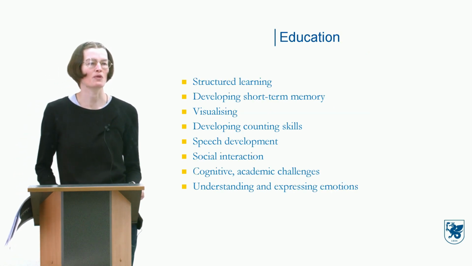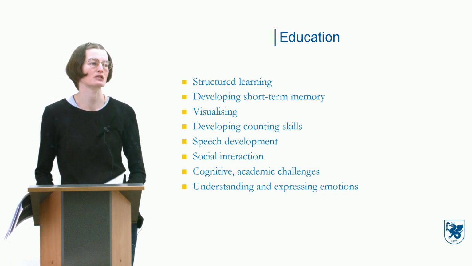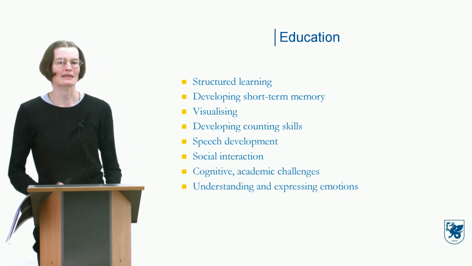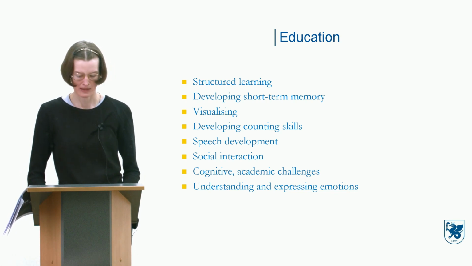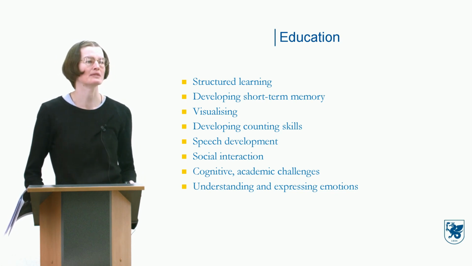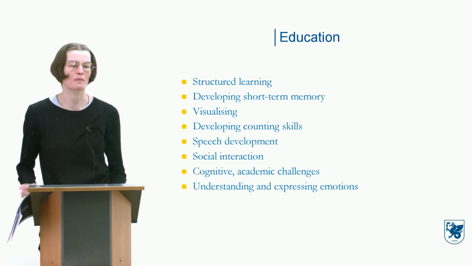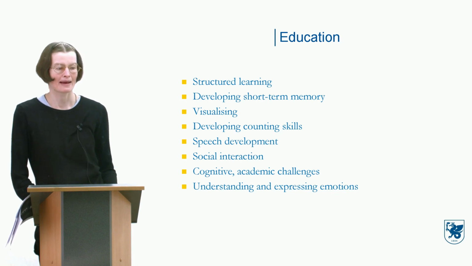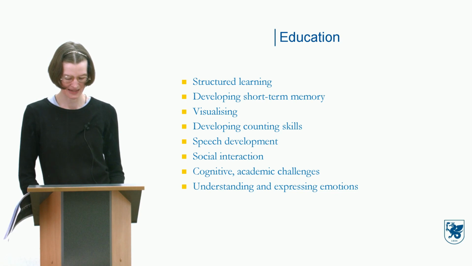So as for their education, it is based on their strong sides. As they have problems with self-regulation, the education has to be well structured. As they have poor short-term memory, it needs to be developed, and they have some problems with mathematical skills, with some counting skills.